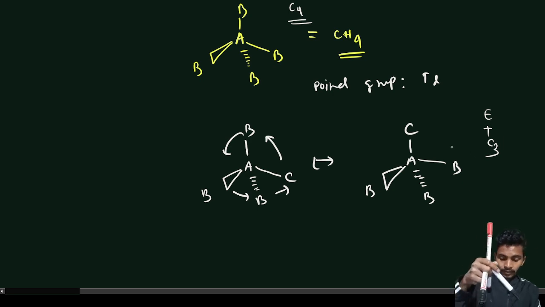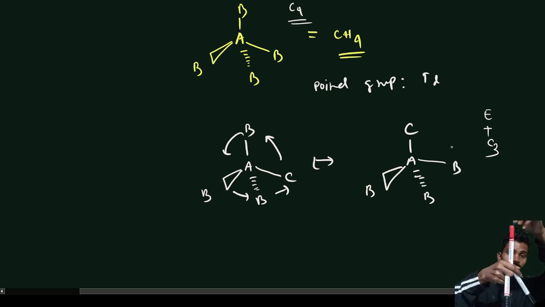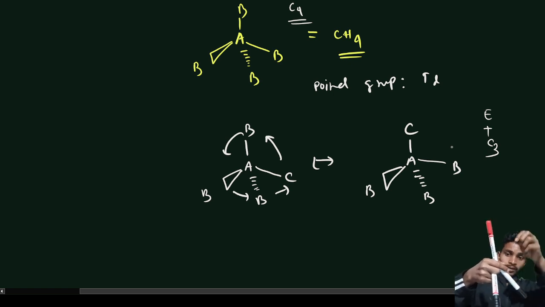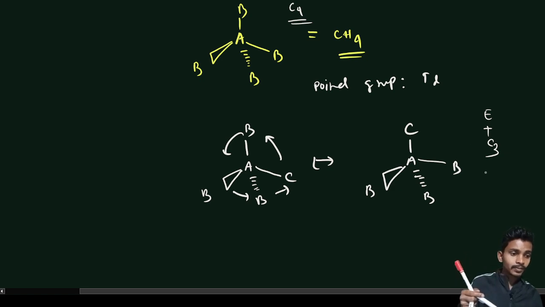After that, what we see here, another one, I can pass a plane cutting this one and this one. So is there C2? No, C2 is not there, because if I rotate, then three are there, so C2 is not present.